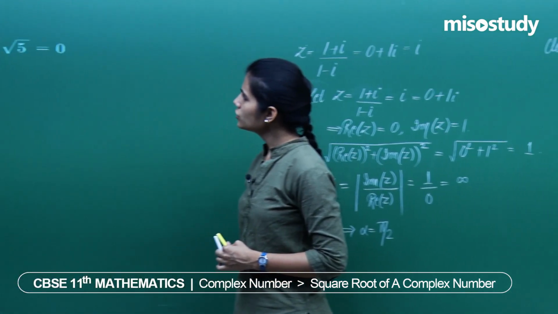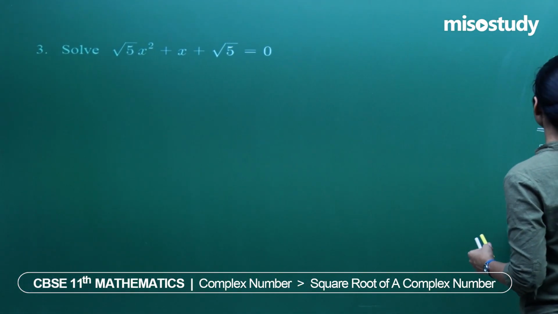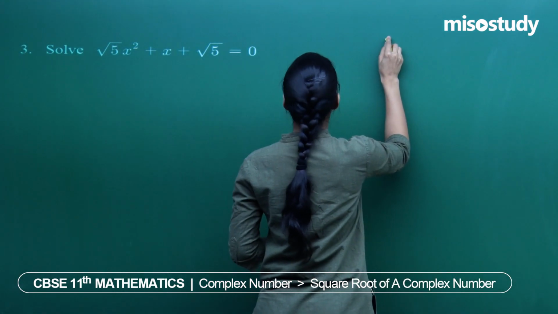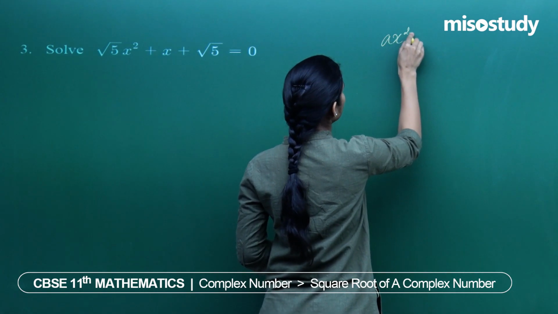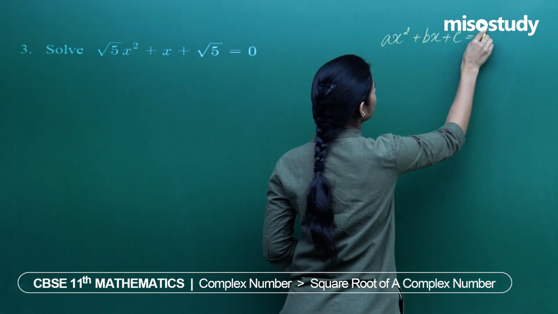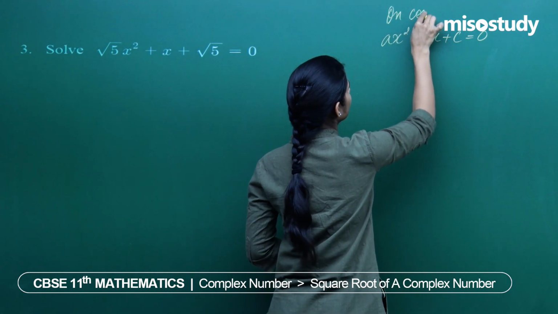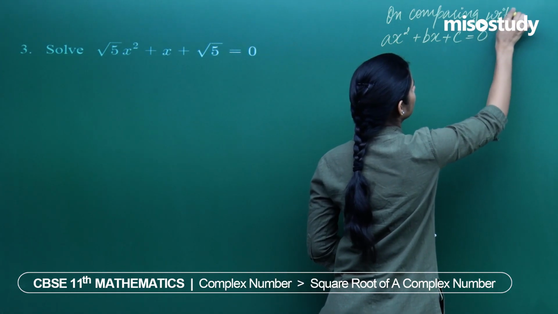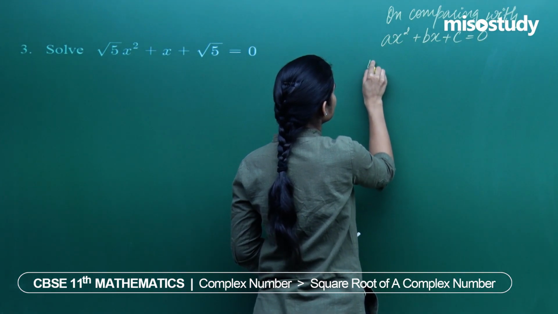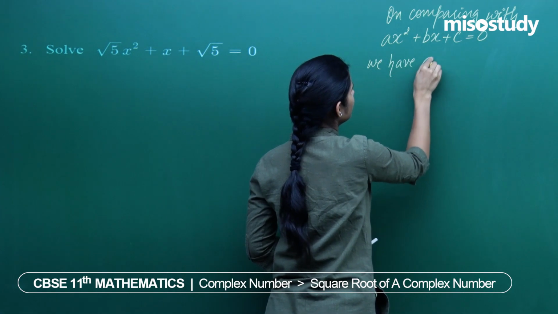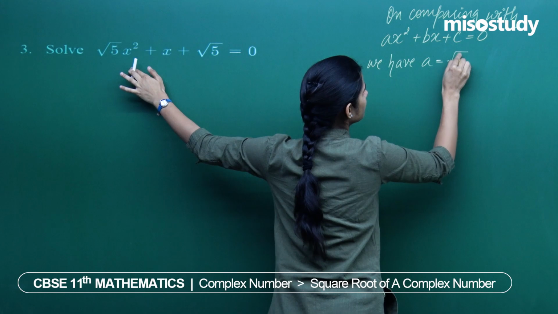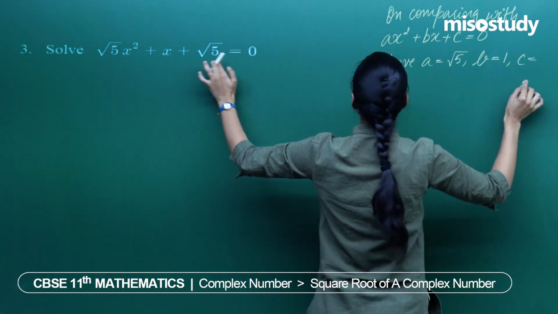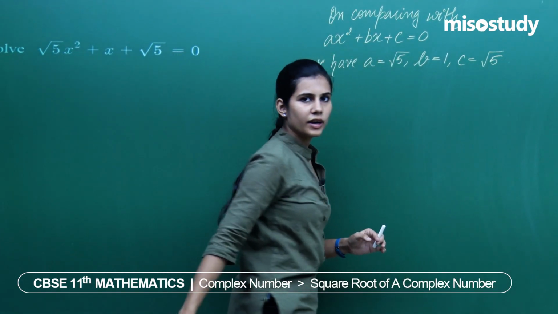Next I have to solve this particular quadratic equation. Pretty simple, we just need to compute the discriminant. Let's compute D. Comparing with ax square plus bx plus c equals 0, we have a equals root 5, b equals 1 and c again equals root 5.